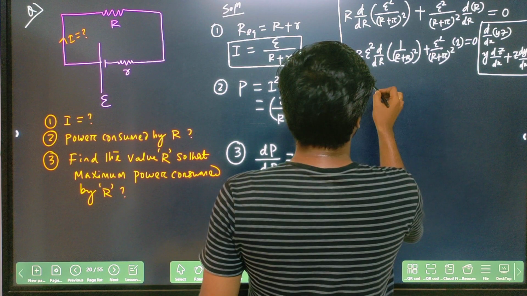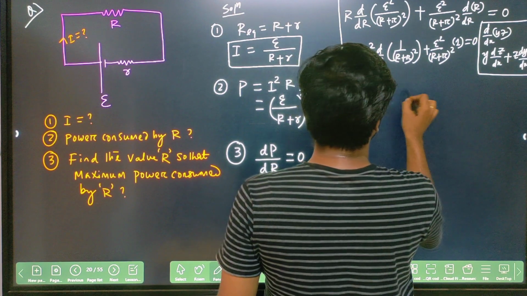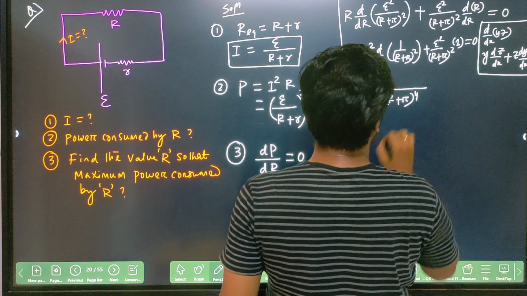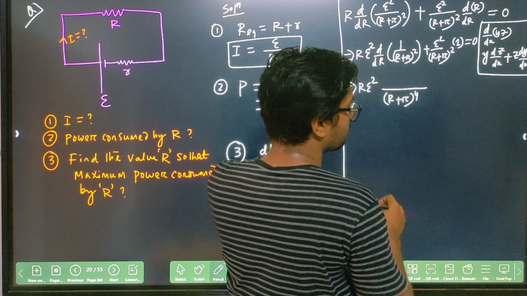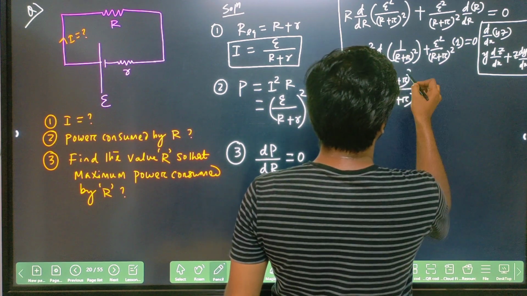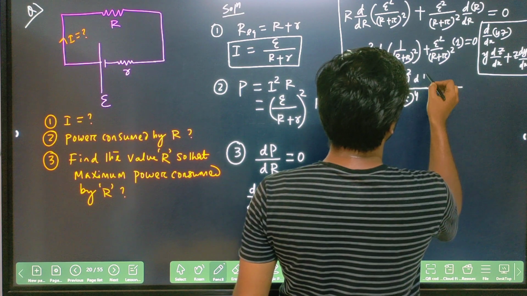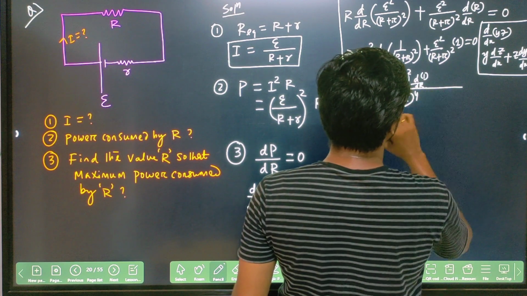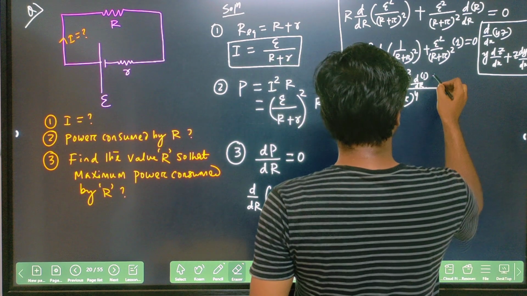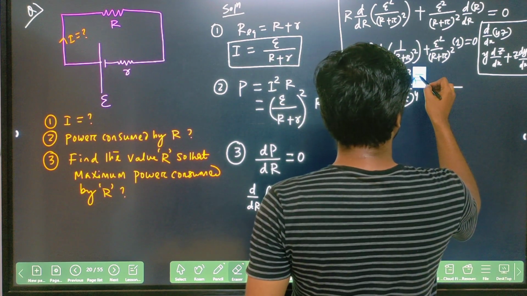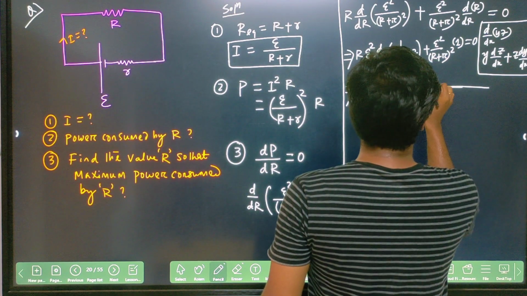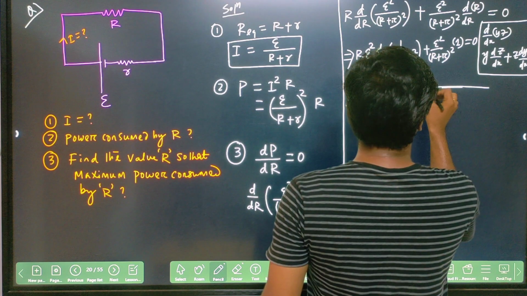So this is R E squared, d by dR of, you know how to do this one, you will say this will be R plus r whole 4, and for the first one you have to take R plus r whole squared, but derivative of 1 is 0. Derivative of a constant will be 0 here.